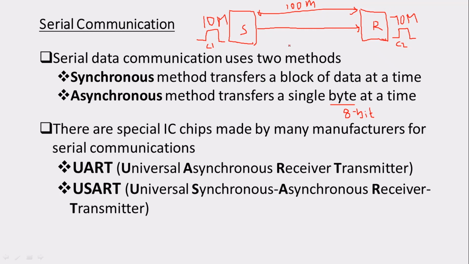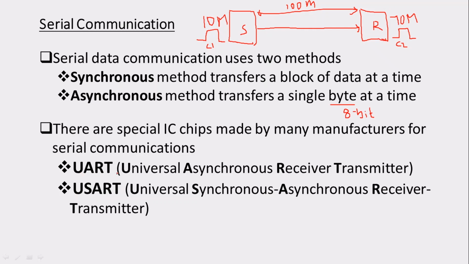Okay, so in order to perform these asynchronous operations, there are special ICs made by many manufacturers, specially meant for serial communication. Those two different ICs, I cannot term these as ICs, we can term these as protocols. So those two different protocols are UART and USART.